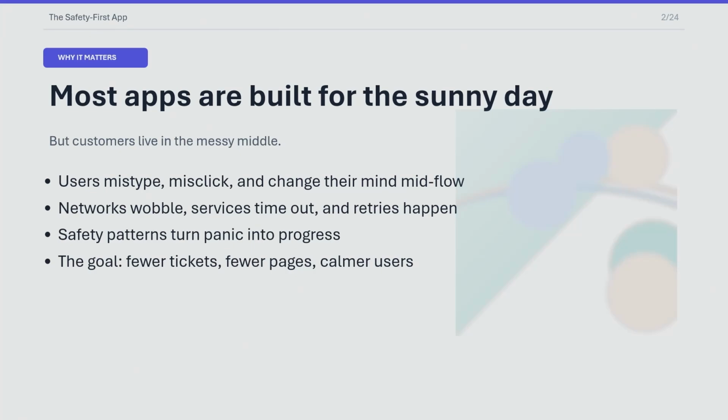Networks wobble, services time out, and retries happen. What we want is to apply safety patterns to turn panic into progress. The goal is fewer tickets, fewer pages, and calmer users.